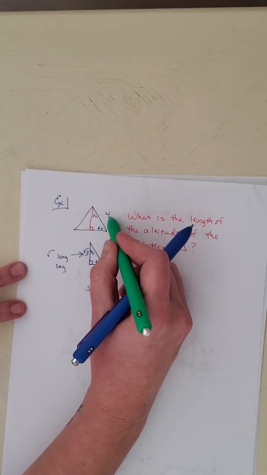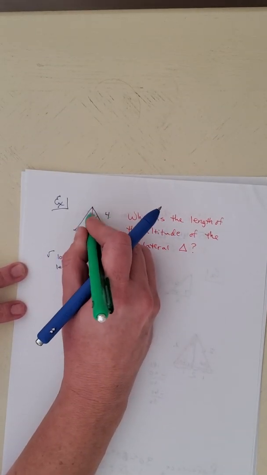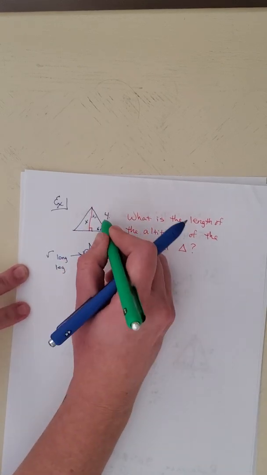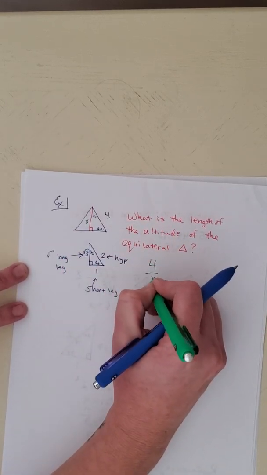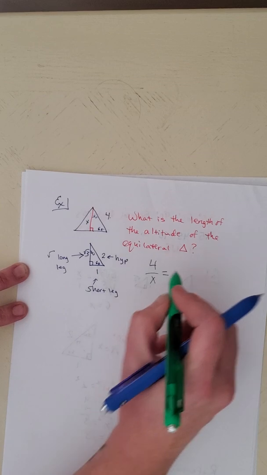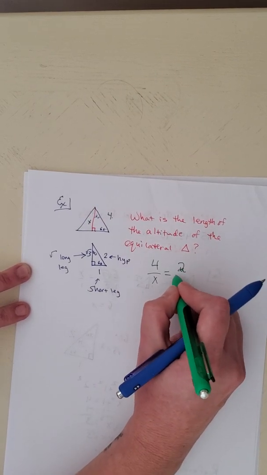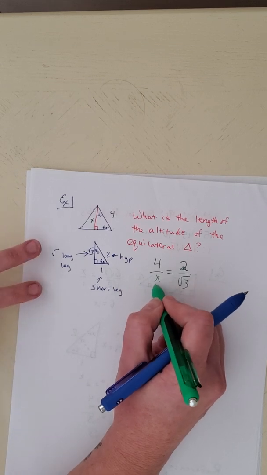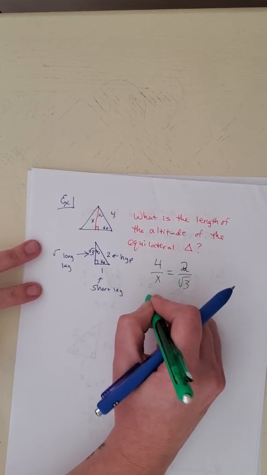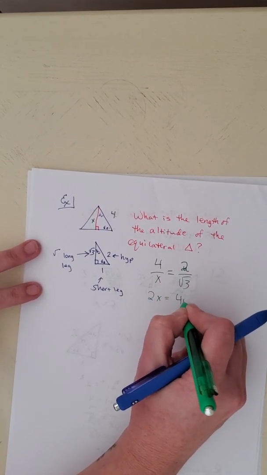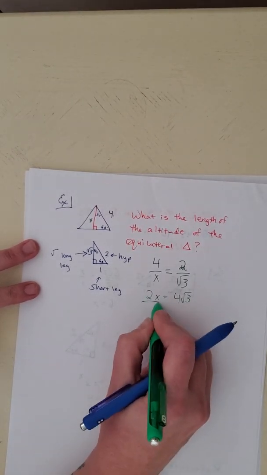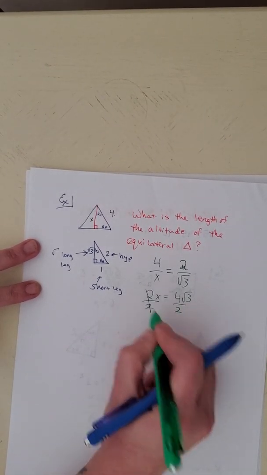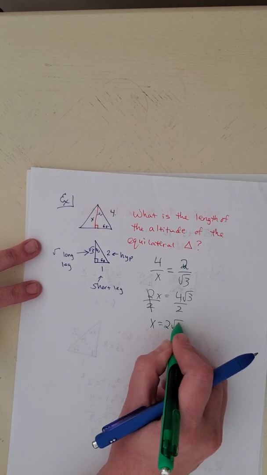So I have 4 is to x, remember I'm looking for this side, the altitude, as 2 is to square root 3. This time, since my x is in the denominator, I am going to cross multiply. So I get 2x equals 4 square root 3. And then I'll divide both sides by 2, and I get x equals 2 square root 3.